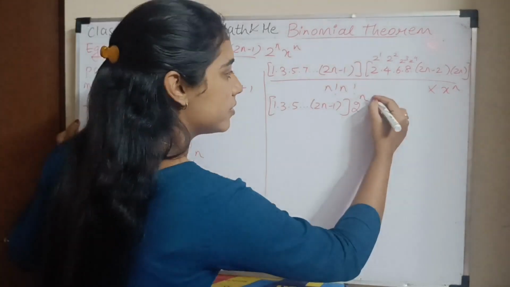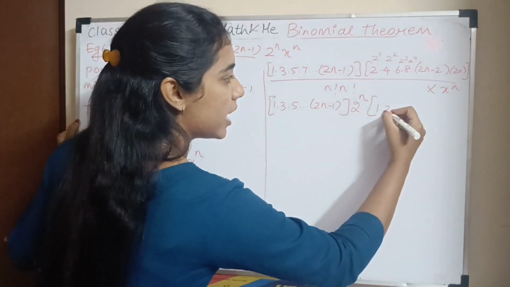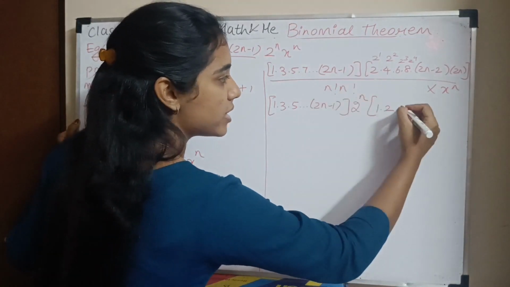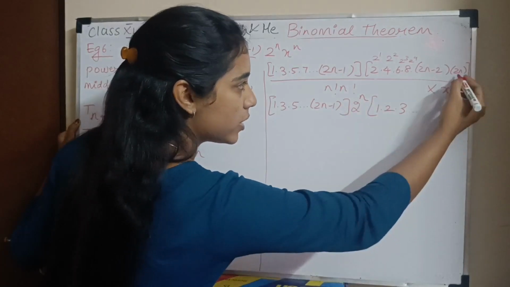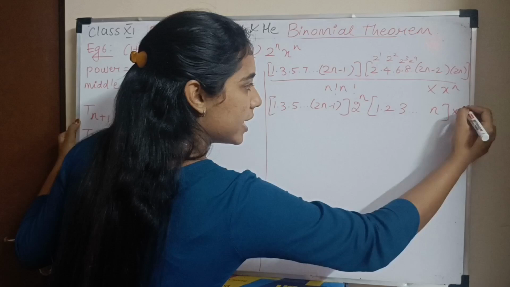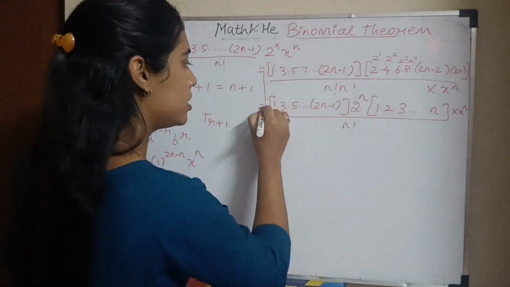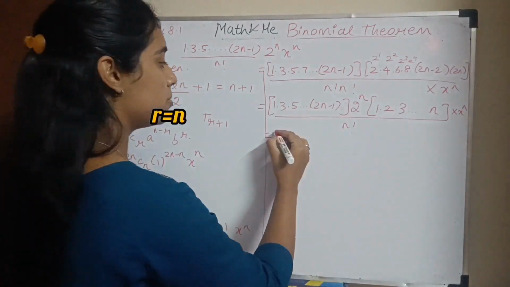In the bracket, what will I have? When I take 2 out of this, I have 1. When I take 2 out of 4, I'll be left with 2. When I take 2 out of 6, I'll be left with 3 and so on. And what is my final term? My final term is n times x to the n divided by n factorial. Now what is this term? This remains the same.